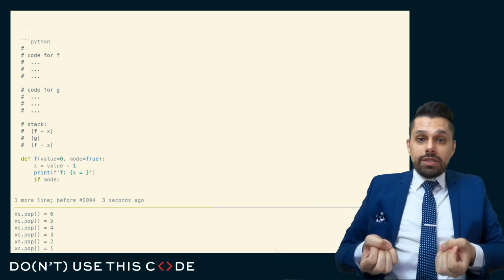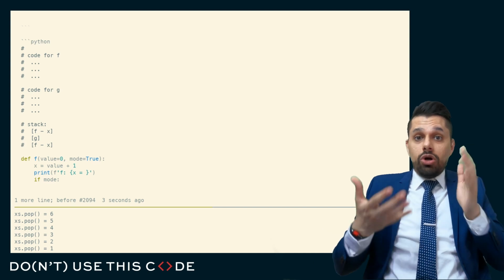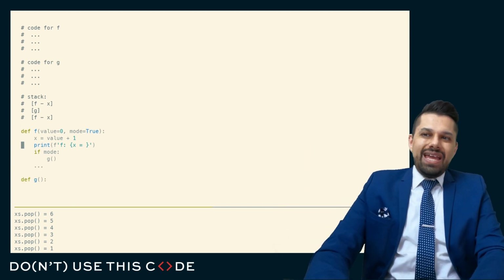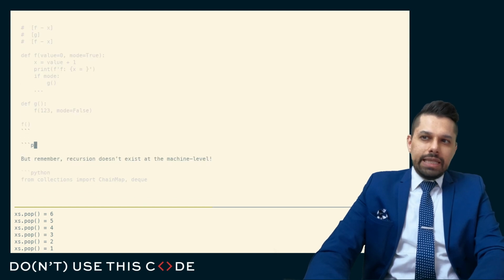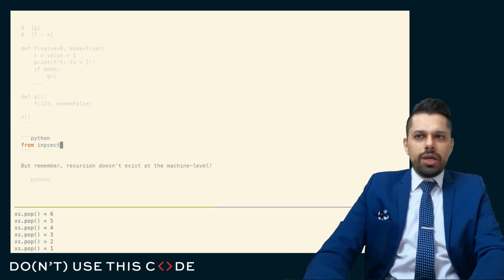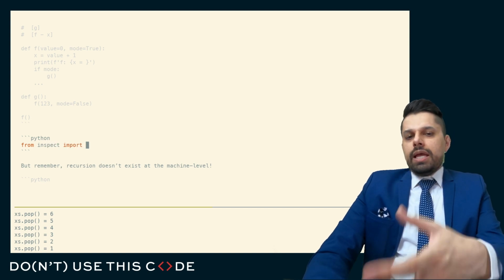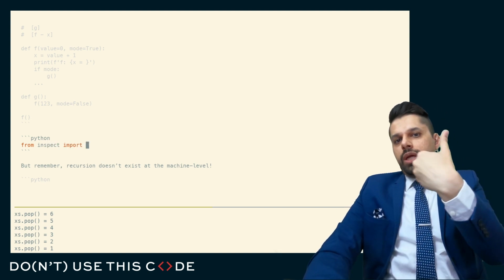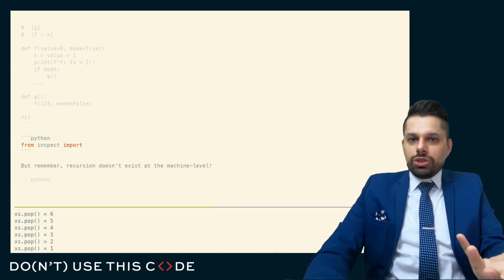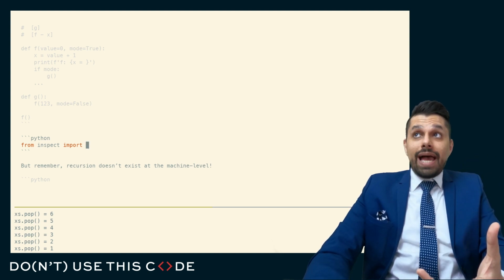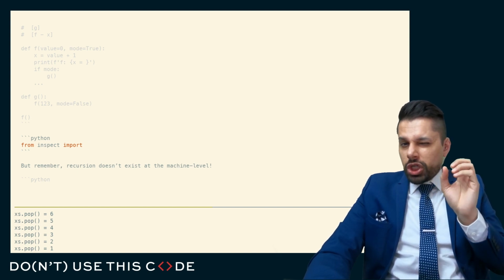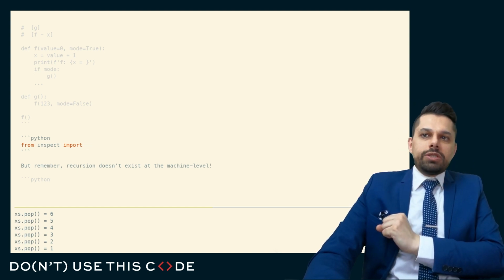And this is fundamentally how any sort of function call mechanism works, either in Python or in C. This is how it works in the modern era. There is one very, very slight difference to how this might work in C or C++ versus how it might work in Python. Even though the mechanism of when you enter a function and when you return from a function is that last in, first out structure, that stack, Python doesn't actually use a function call stack in the same way that C or C++ do.